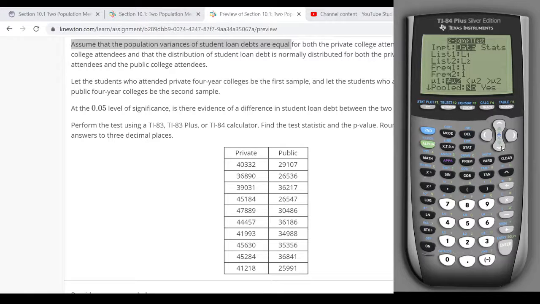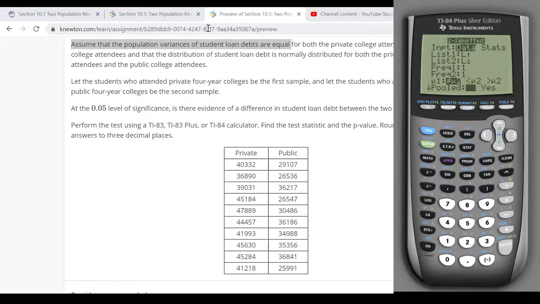Now, this next line is, what does the alternative hypothesis look like? Is it a two-tailed test, a left-tailed test, or a right-tailed test? Well, we saw mu1 is not equal to mu2 was our alternative, so I'm going to leave it where it is. And here's, is it pooled? Are we in the pooled situation or the non-pooled?